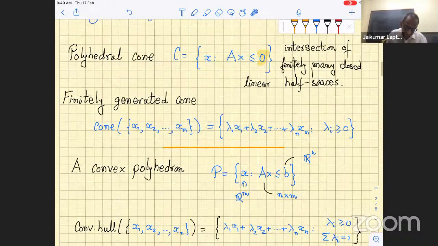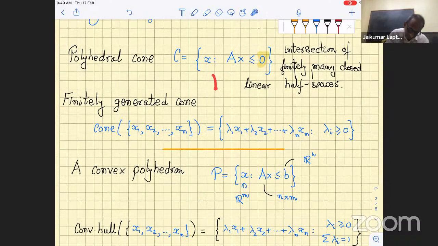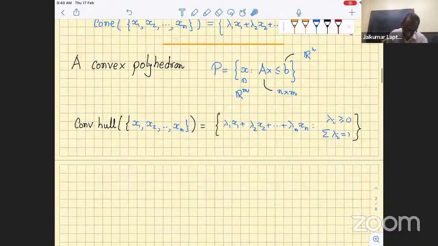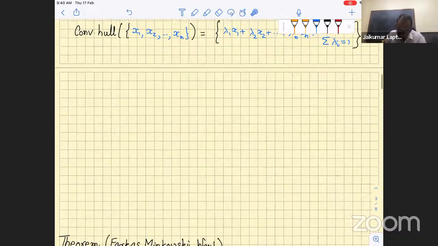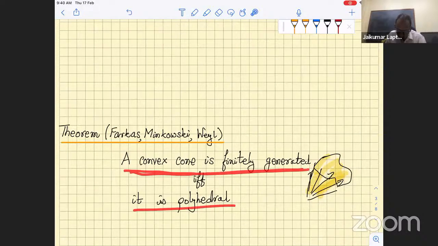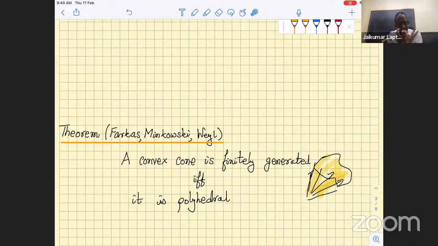So we have discussed the main theorem, which was that if you describe the cone using points, using its rays and taking all conic combinations, the very same cone can also be described by inequalities. So if a cone is finitely generated, there is a finite number of inequalities that define it.